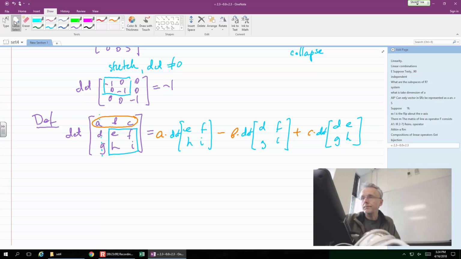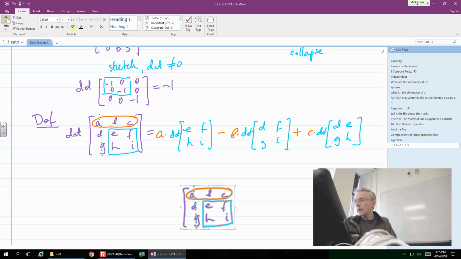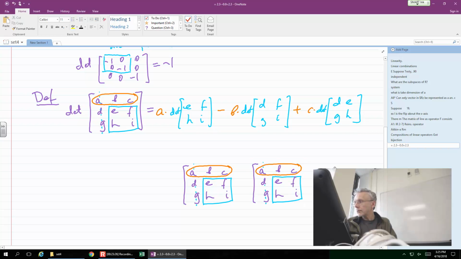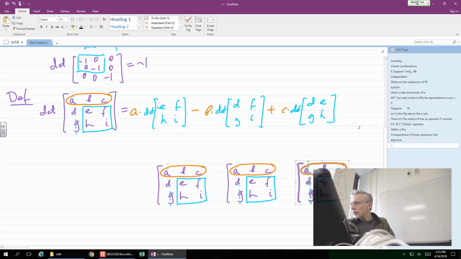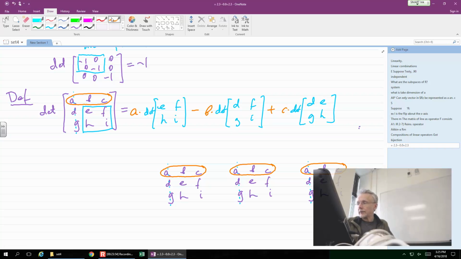What I just did. So I start with my original matrix, and this is the same matrix, and then I remove the same row and a different column at a time.